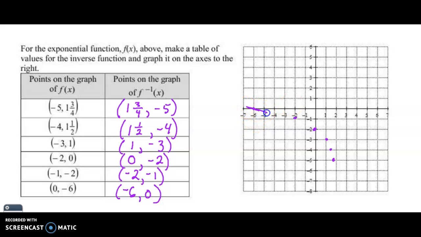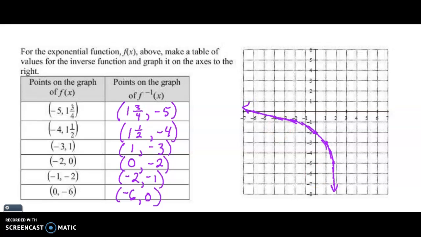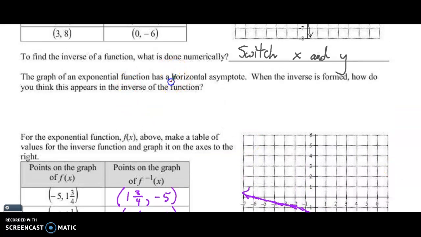And when we connect the dots, there's one more thing that you want to pay close attention to, so you might want to wait until I'm finished drawing this, is that clue that I just skipped over earlier, and it's talking about the horizontal asymptote.